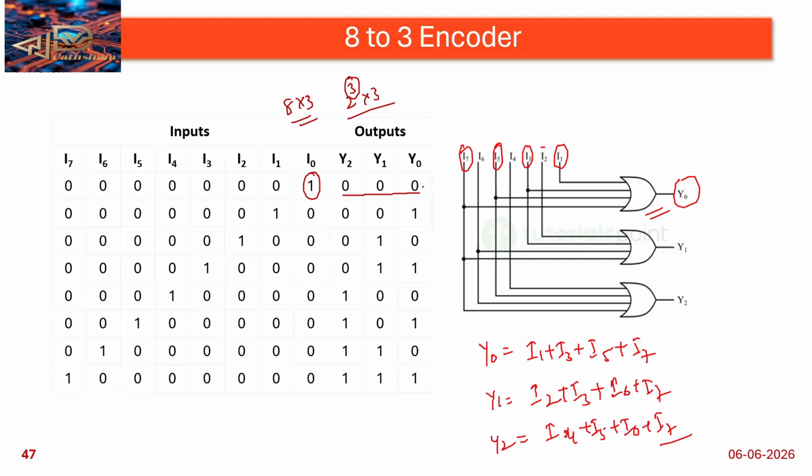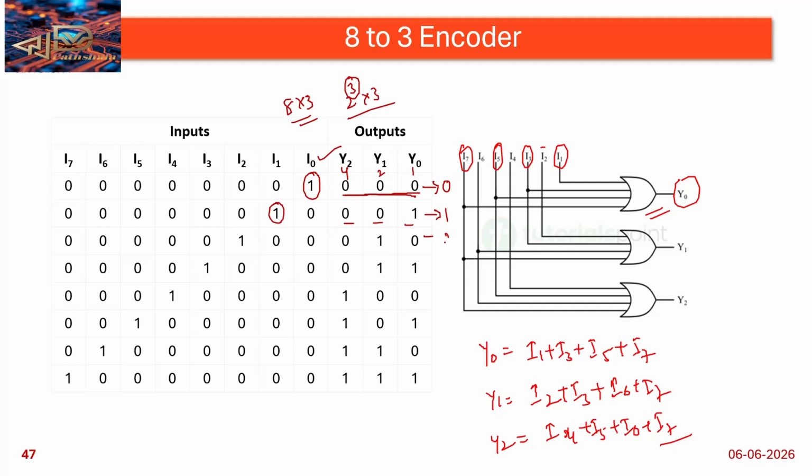So I0 is selected means this is 0, because the weights are 1, 2, 4, and all are zeros. Because I0 is the decimal value 0, for that the binary value is 000, output side all are zeros. Okay, and then I1 is selected here, that is 001, that means 1.